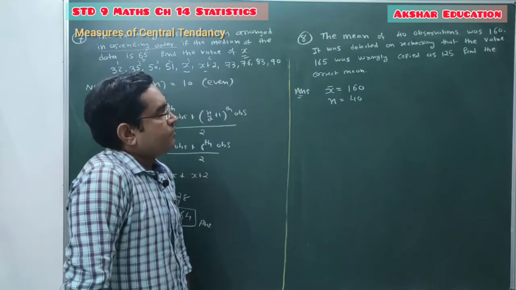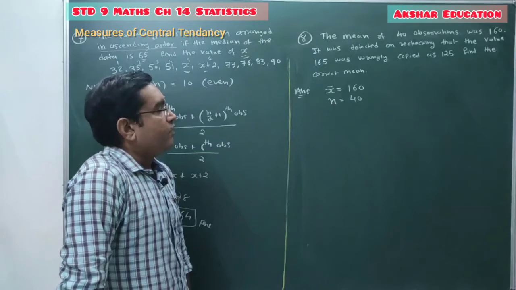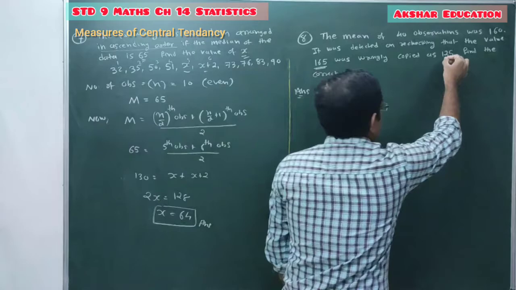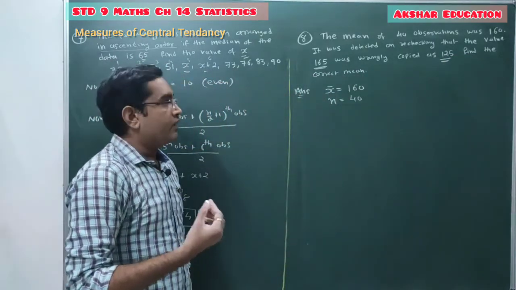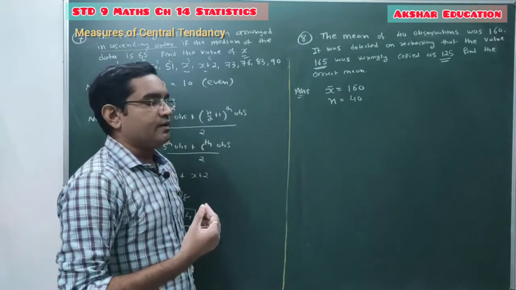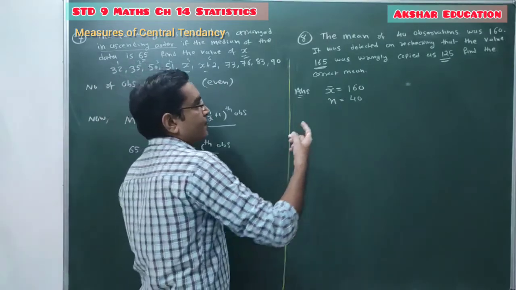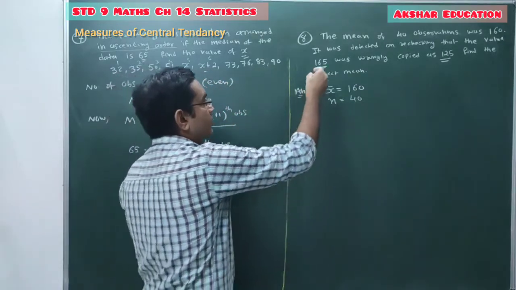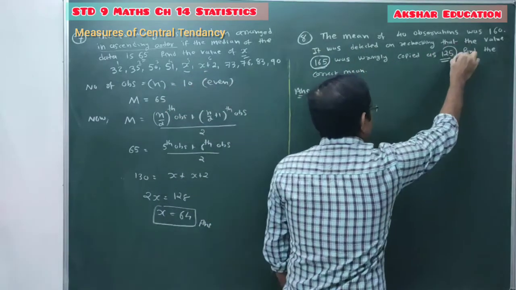Now it was detected on rechecking that the value 165 was wrongly copied as 125. So instead of observation 165, we have considered the wrong observation 125.